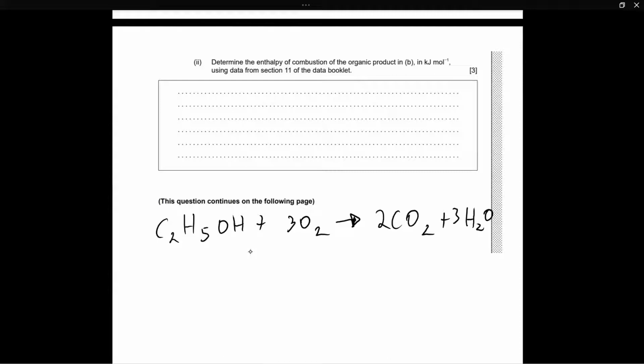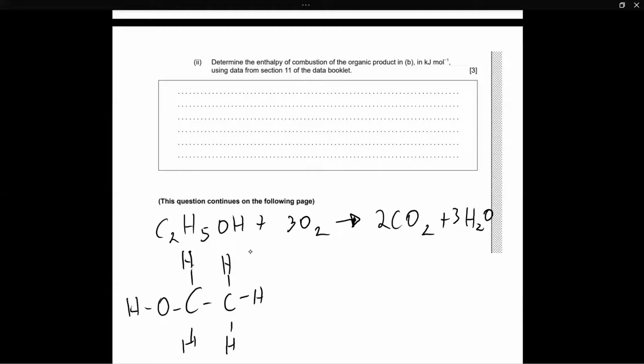Now, the best way to approach this question is to first expand the formula and draw them out in their structural form. So you draw it like you would draw a Lewis structure, for example. And then you start to count the bonds.